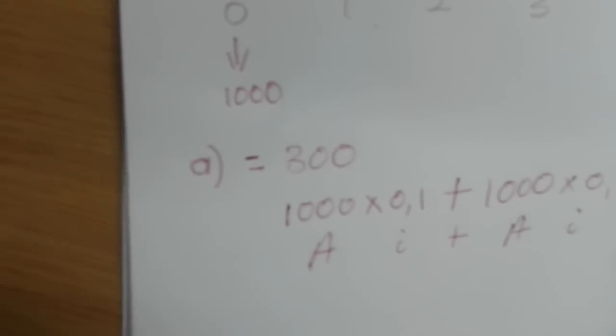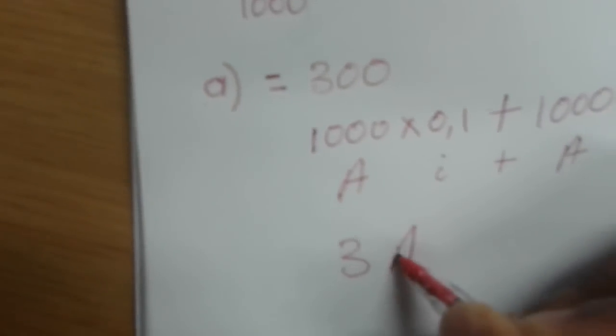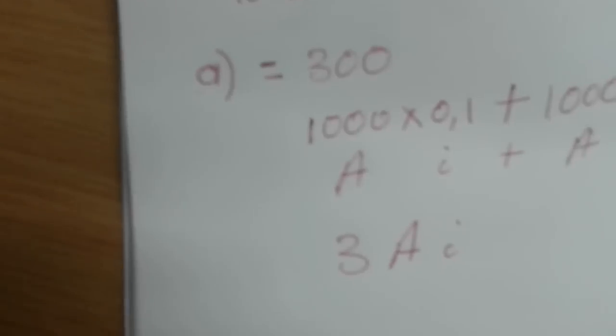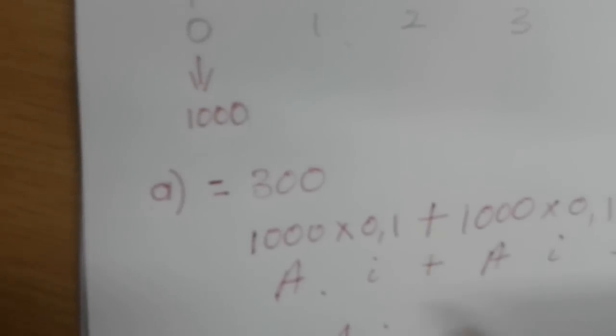Now this gives you 3Ai. Remember, if we are doing maths, x plus x is 2x, right? So since it's Ai, your answer is 3Ai. But now remember, earlier on I said, since it's per annum and you've got 3 years, 3 per annums, that means your n is 3.